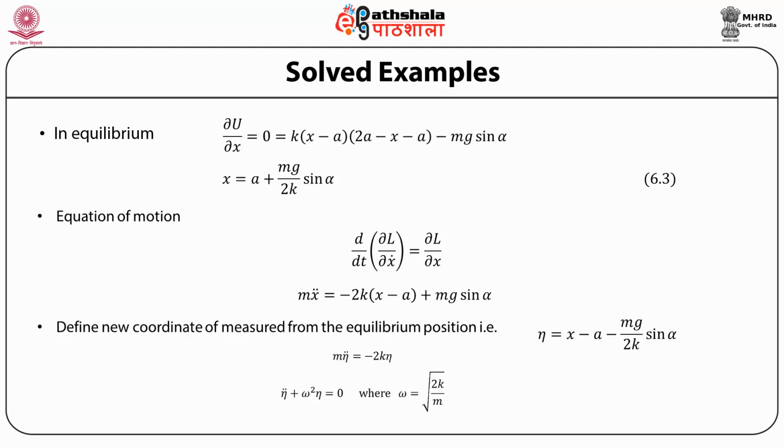In terms of this new variable eta, the equation of motion becomes m eta double dot is equal to minus 2k eta, which you can recognize as the equation of a harmonic oscillator with a restoring force of magnitude 2k eta. The solution is then a sinusoidal solution with the frequency omega given by omega equal to under root 2k by m.